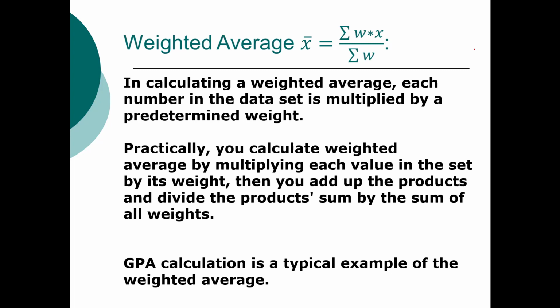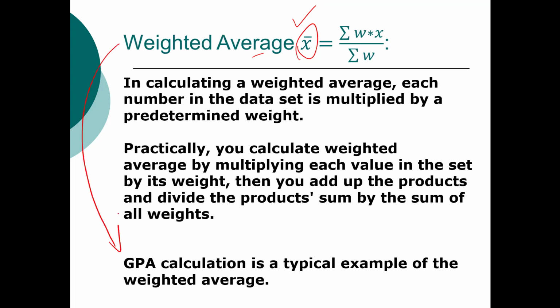Now, the last topic in this section is about weighted average. Weighted average is one special type of average. So we take the total of the weight times x. This is the formula on the top right here. The most famous application of the weighted average is the GPA.